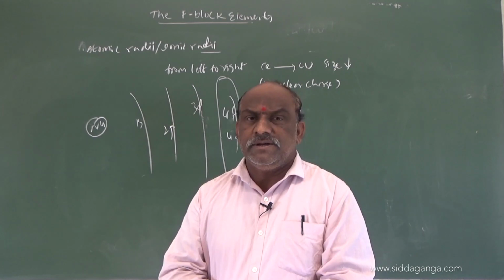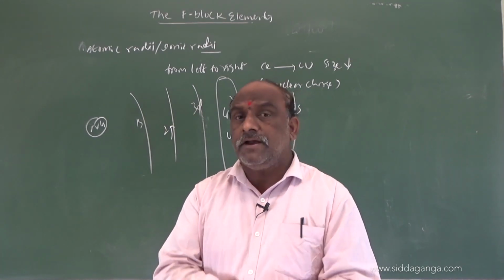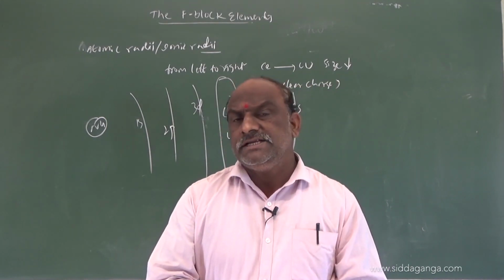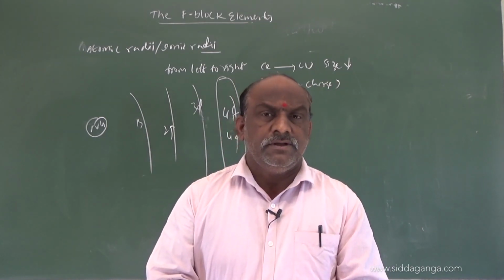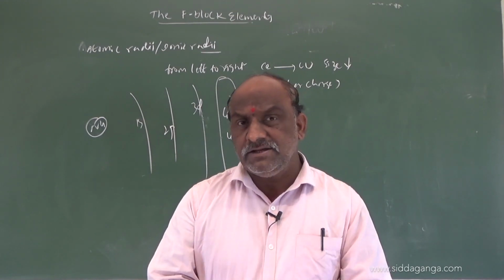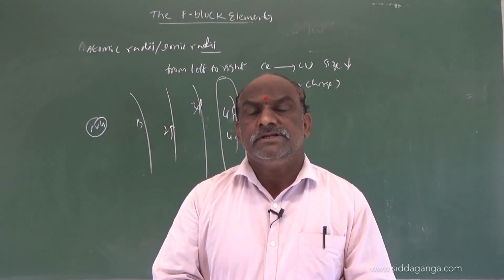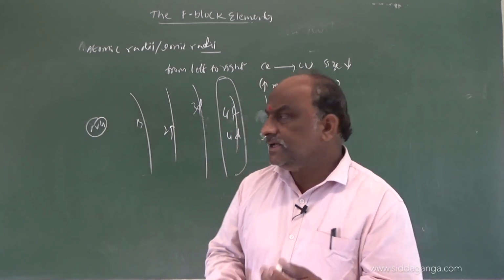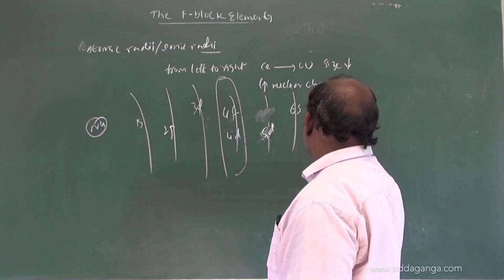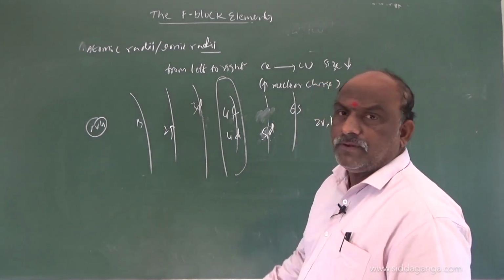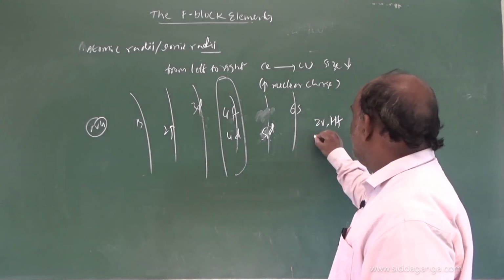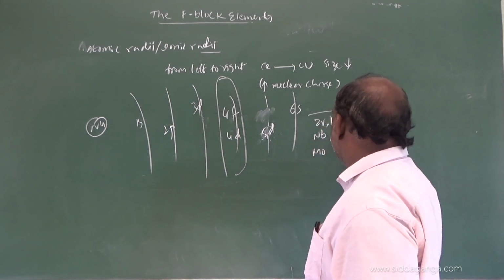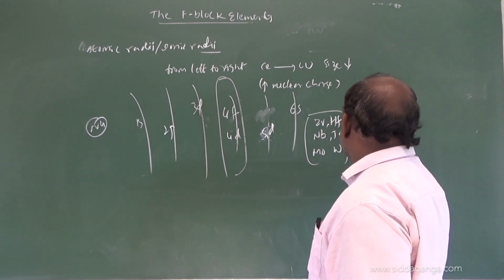The size will decrease, but due to this lanthanide contraction, some elements which belong to the 4d series and 5d series are affected. This contraction affects d block elements. Some elements of the 4d series and 5d series, as I already said, zirconium, hafnium, niobium, tantalum and molybdenum, tungsten, have the same size.